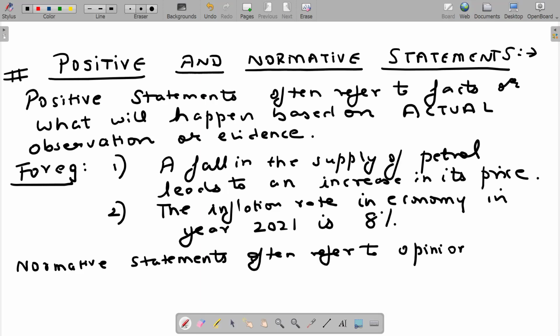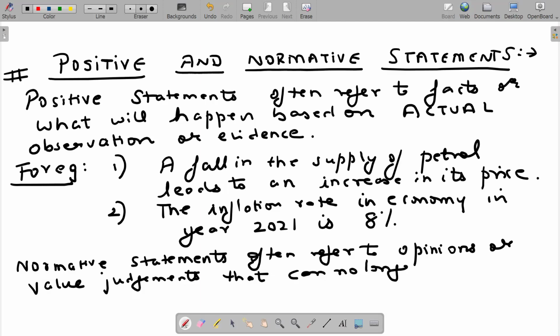These are not facts, these are opinions or value judgments that can no longer be proven. You are making a statement which is opinionated. You are just sharing your opinion and you have not proved it. It's not backed by any evidence.